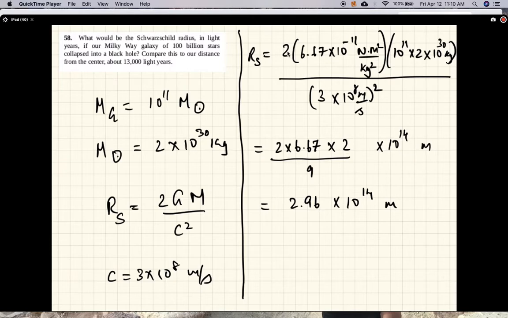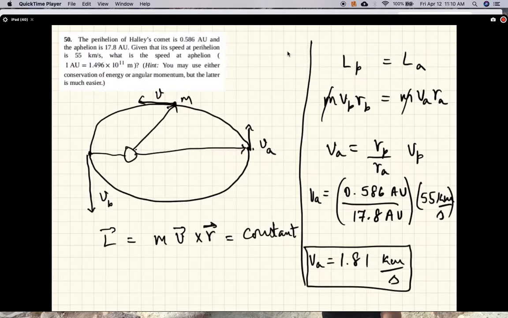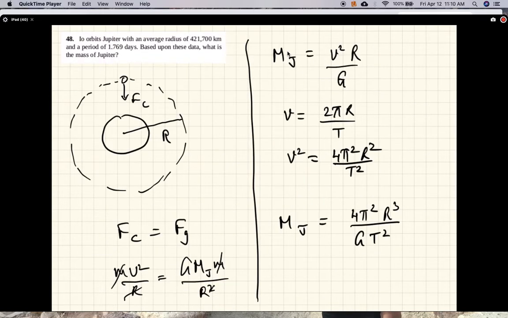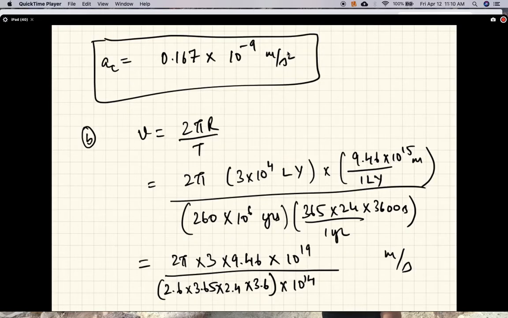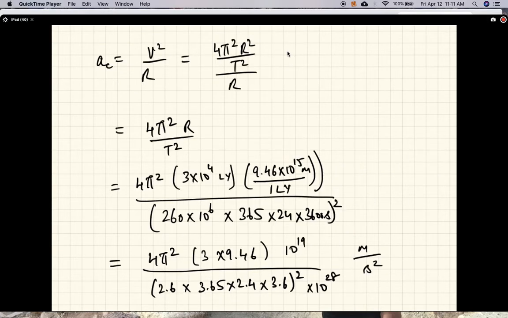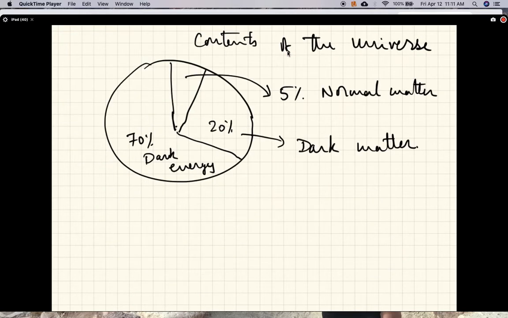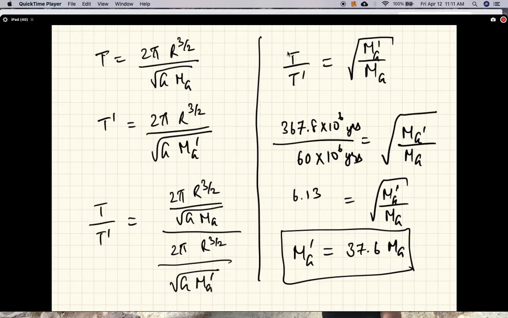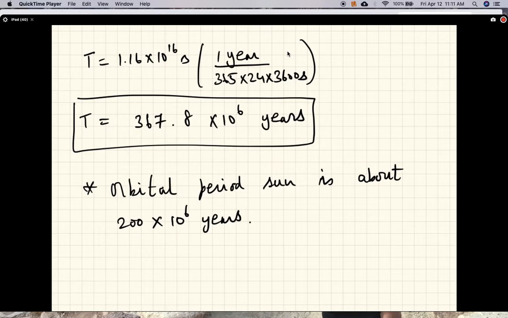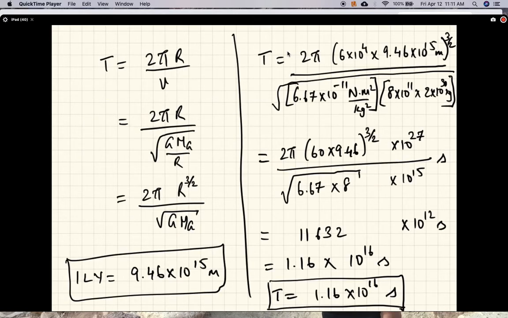And you can see that, okay, so we'll go back to one of the previous problems where we calculated a light year in meters. I think a light year is, okay, so here we go.